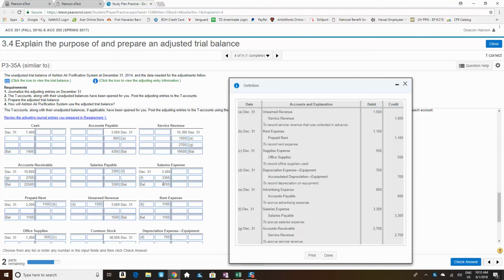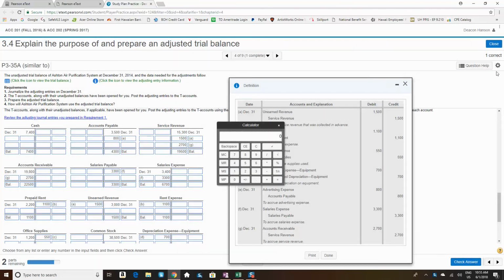Okay, let's see. Salaries payable, 3,300 from F. Balance is 3,300. Let's see. Salaries expense starts with 3,400, plus 3,300 from F. Okay, and if you combine the two, that sure looks like 67 to me, but you might want to go back and trust your math.